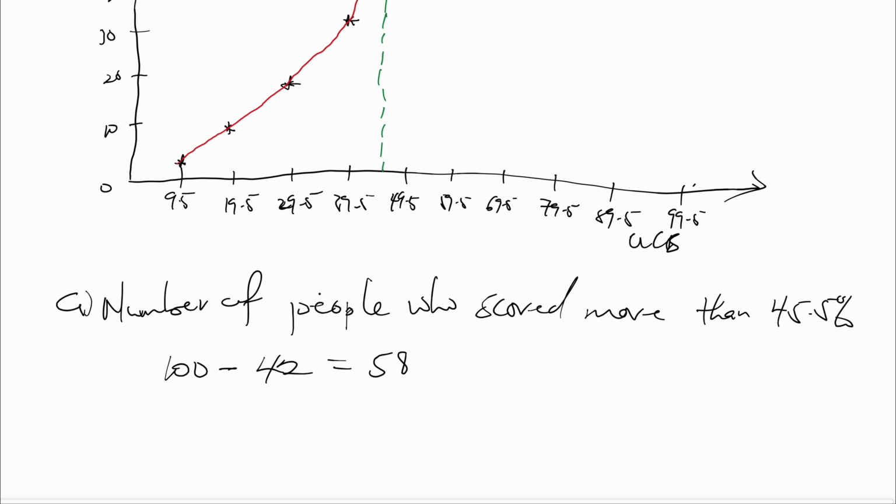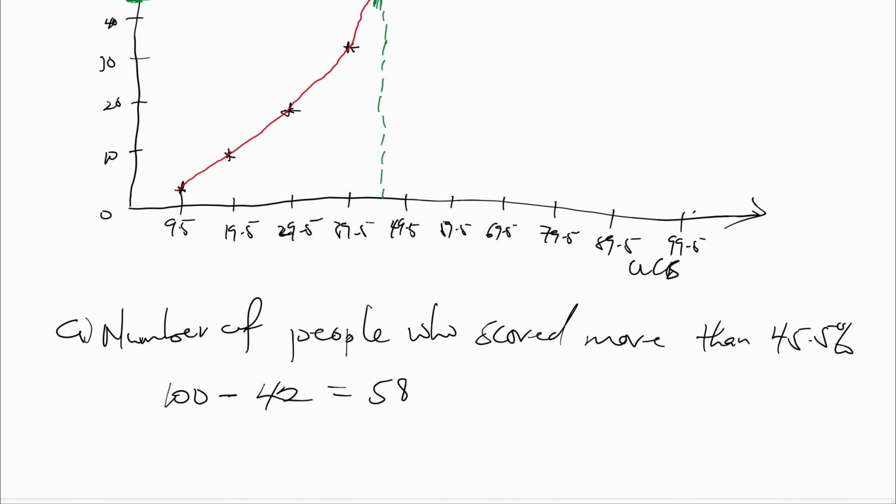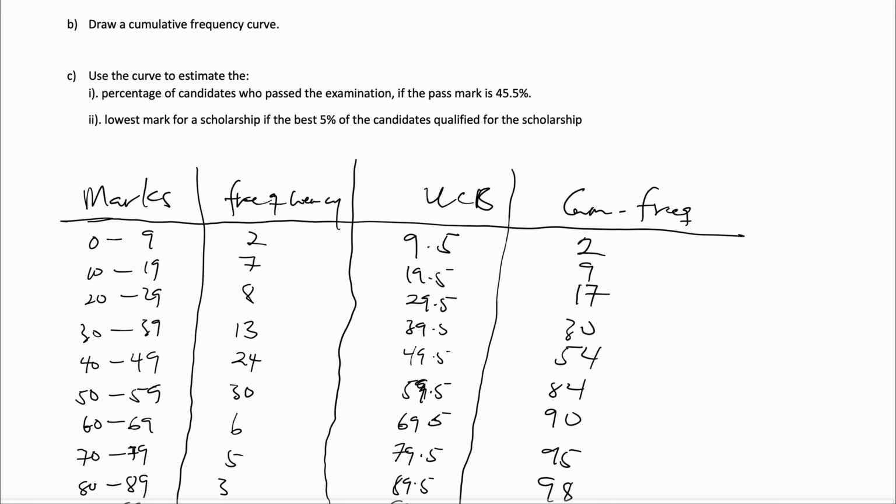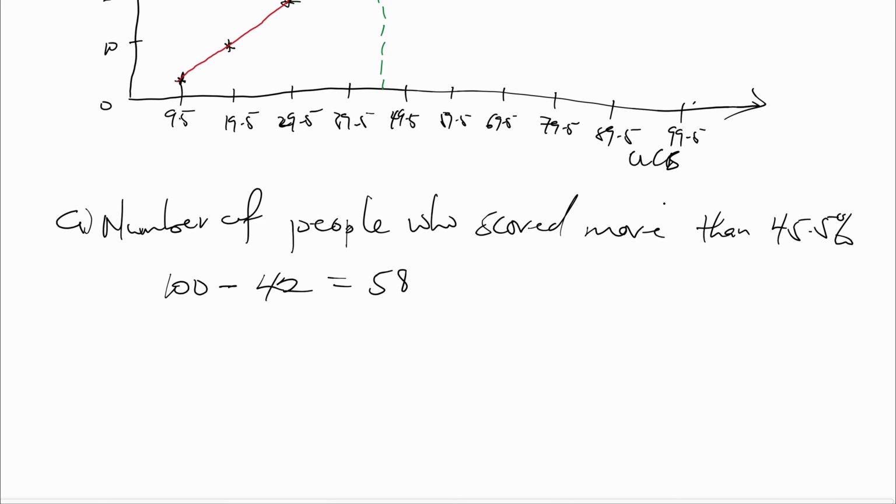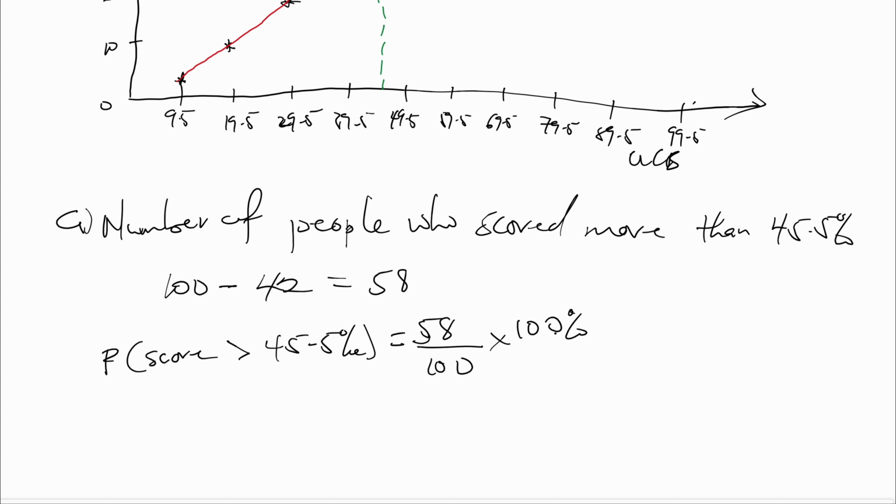So 58 people scored more than 45.5. But from the question, we are being asked to find the percentage, not the number. So the percentage of people who scored more than 45.5 will be equal to the number of people who scored more than 45.5, which is 58, over the total number of people in the class, which is 100, times 100%. Now 100 cancels 100, we have 58%. So 58% scored more than 45.5.